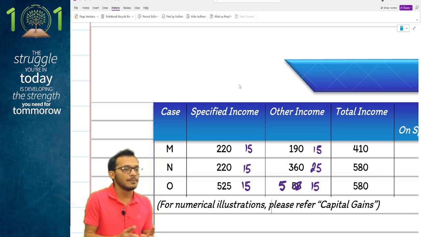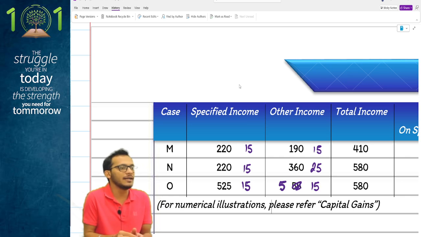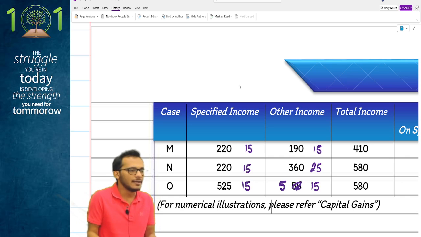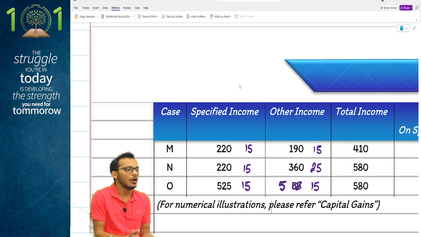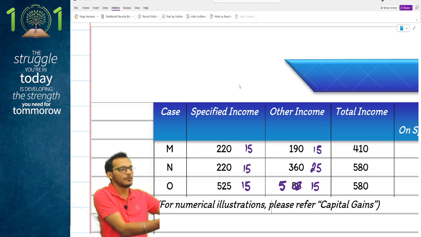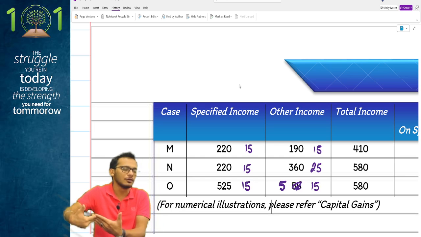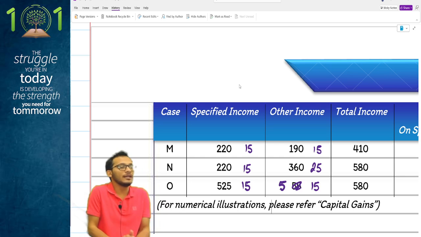The moment you have an income, ask yourself if the income is more than 2 crores or less than 2 crores. If the income is less than 2 crores, you will come and say, take everything together. In that case, surcharge will be either 0 or 10 or 15, because it can fall between 0 to 50 lakhs, 50 lakhs to 1 crore, or 1 crore to 2 crores. But if I'm saying your total income is above 2 crores, then you will split.